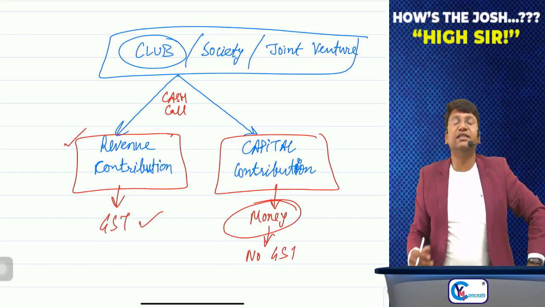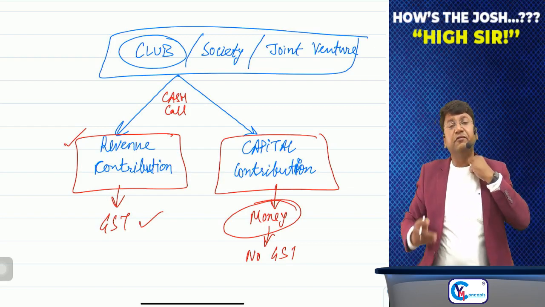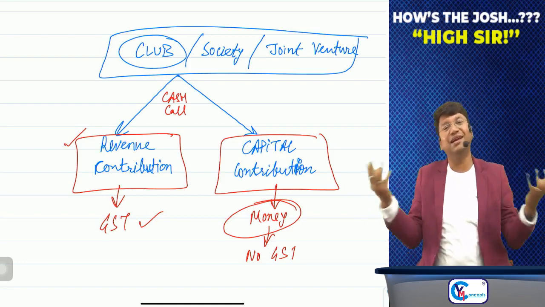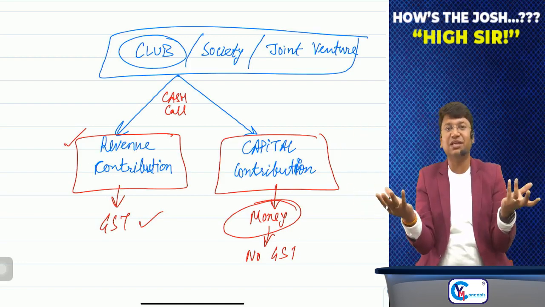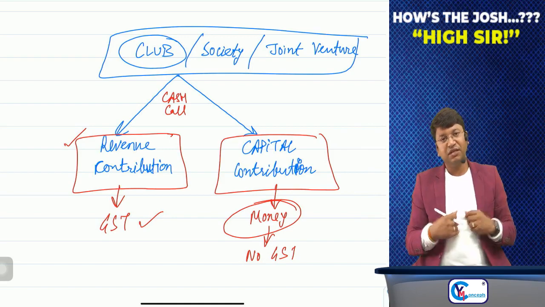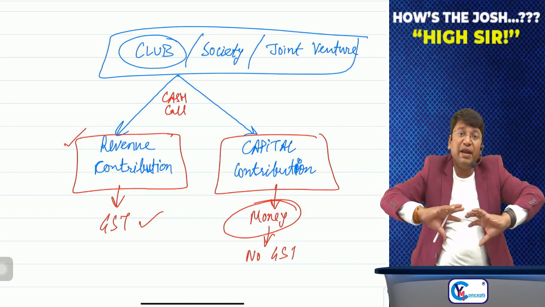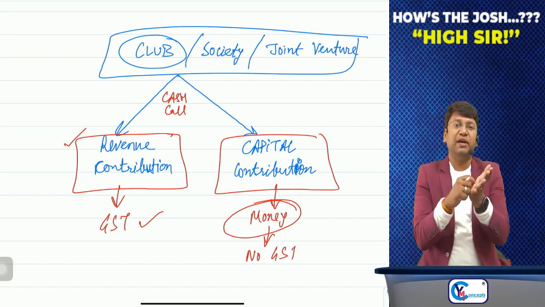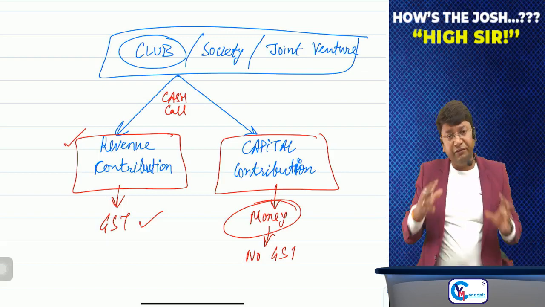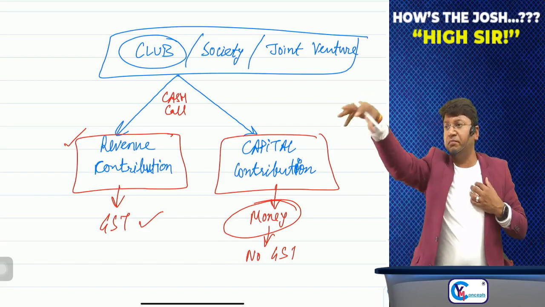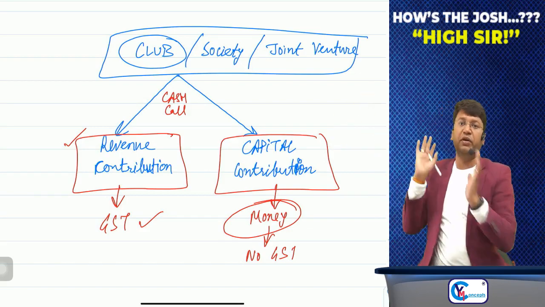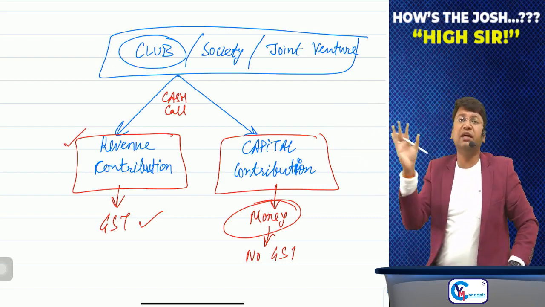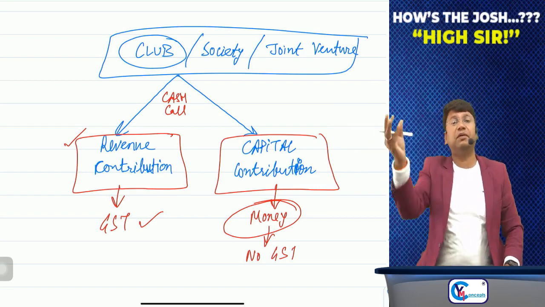Clear? Same way, the second question came for consideration. If one member is providing services to another member, obviously it is supply, and GST will be charged on the consideration paid to each other. Third, if members are providing services to the club, suppose books of accounts are required to be maintained for the club, and the club has appointed a member to maintain the books of accounts of the club, and that member agreed for a consideration of rupees 10,000 per month.